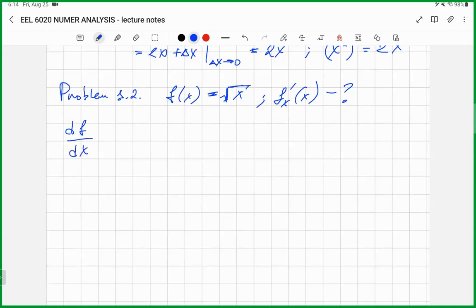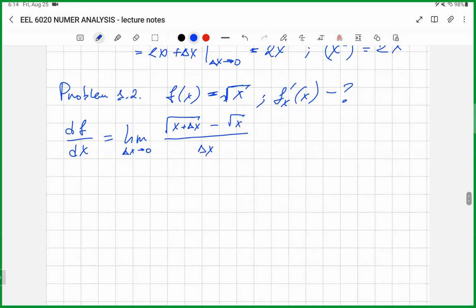df over dx equals the limit as delta x goes to 0 of square root of x plus delta x minus square root of x, the function itself, divided by delta x. In this way, I cannot assume my delta x vanishing, because it is in the denominator, and it will make this ratio infinitely large.